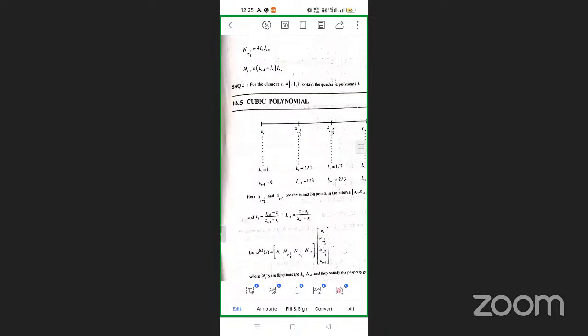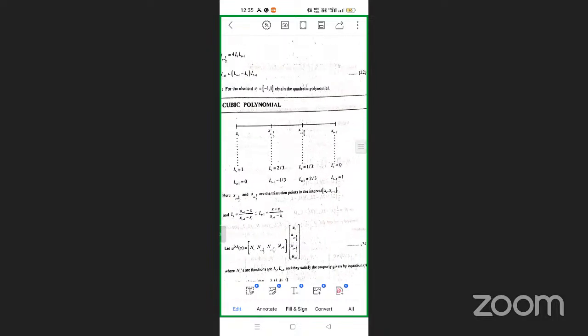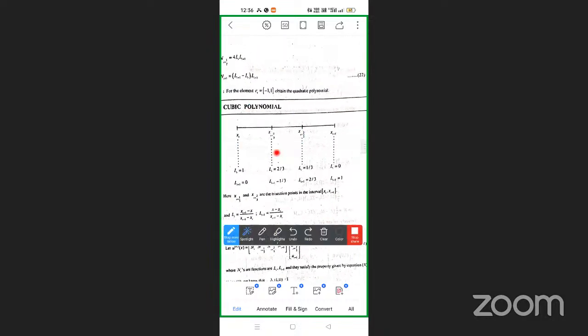So next, cubic polynomial also same here. Based on this equation, these values we can write for cubic polynomial also. So 1 by 0, 1 by 2. So next, 2 by 3. Next one, we can add 1 by 3 plus 1 by 3 plus 1 by 3.